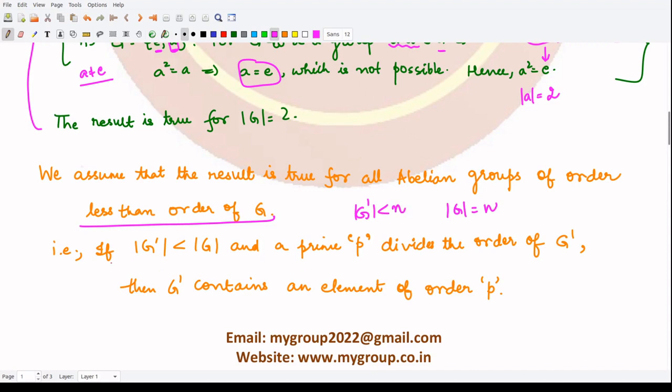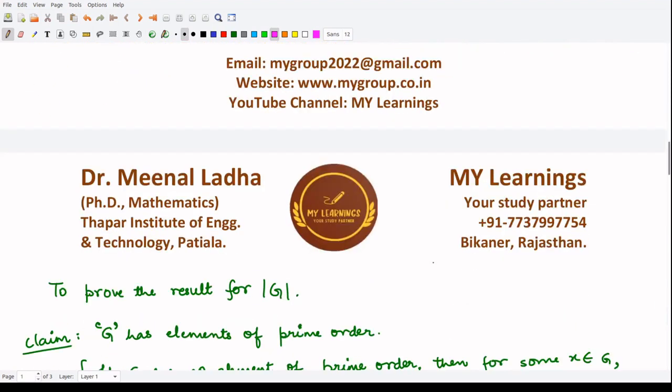So our hypothesis now becomes: if we have some group G dash such that the order of G dash is less than the order of G, and some prime number P dividing the order of G dash, then this group G dash would definitely contain an element of order P. This is our supposition, our hypothesis. Now using this hypothesis, we shall be proving the result for the order of the group.